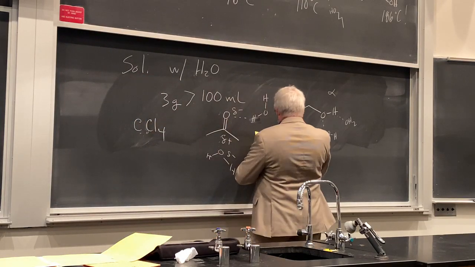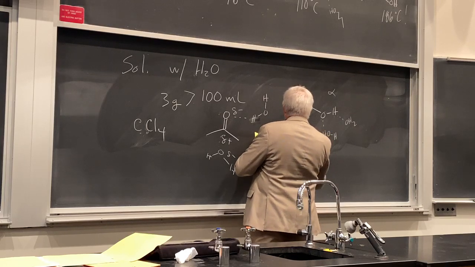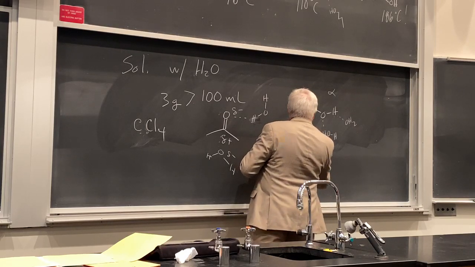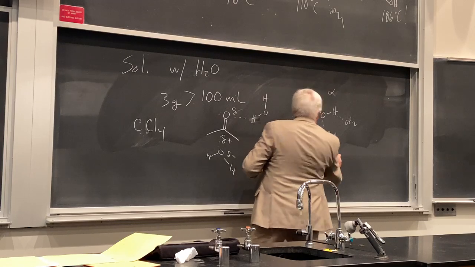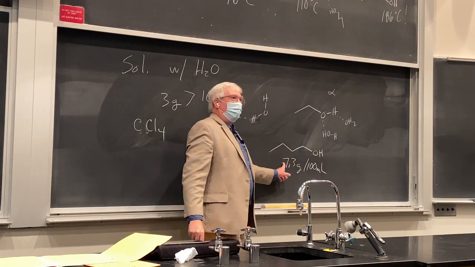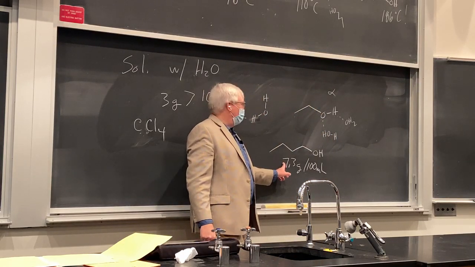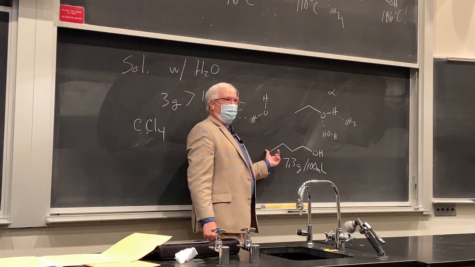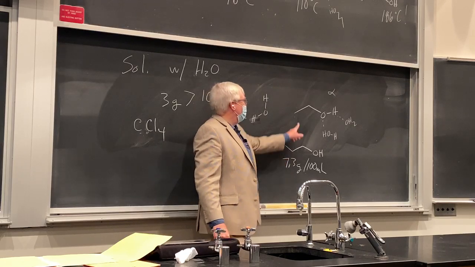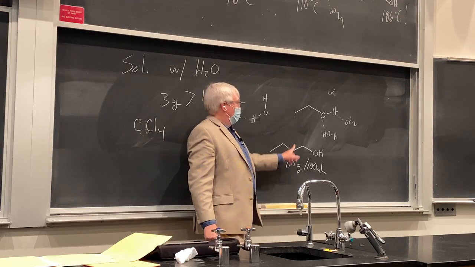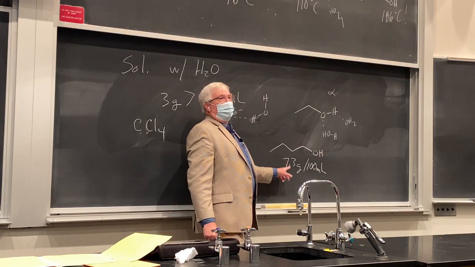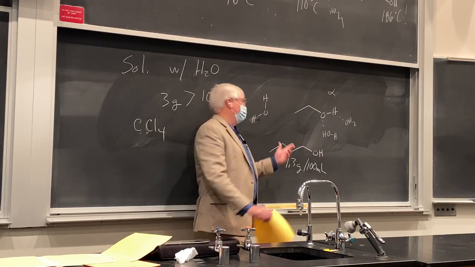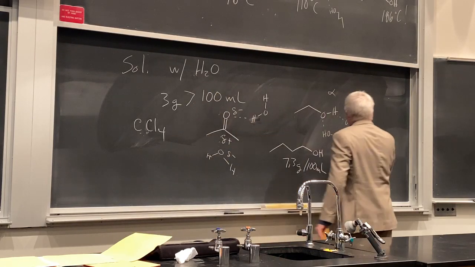So here we only have 4. So what is this? It's 7.3 grams per 100 mils. Which means butyl alcohol, if you exceed this amount of butyl alcohol in 100 grams, it will begin to form a separate layer. Okay? So it's not infinitely soluble like ethanol, but it's certainly soluble, we'd say, because this number is higher than 3. Okay. What about this one?